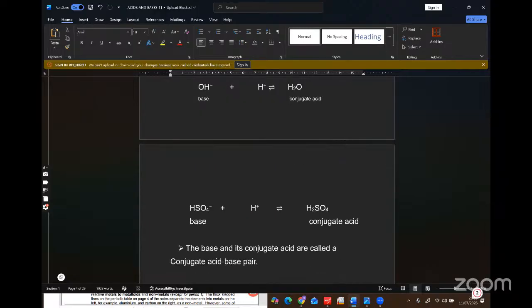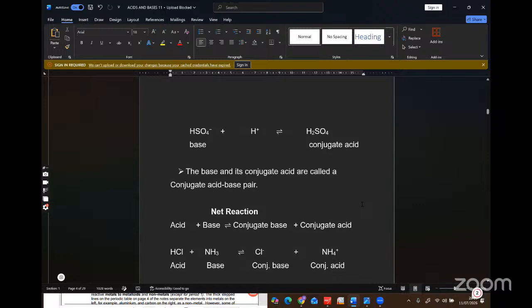So this is a base. If it accepts a hydrogen, it turns into water. So water is called the conjugate acid. So this is the base, and this is its conjugate acid. And the same principle applies with this one. This is also a base. If you add hydrogen to it, you form what we call sulfuric acid, and that is its conjugate acid.